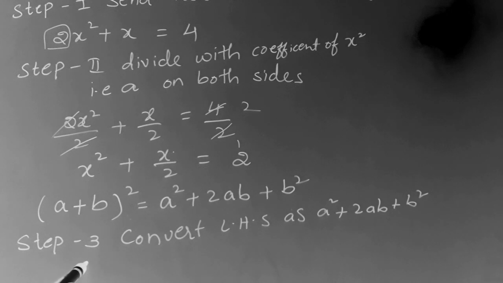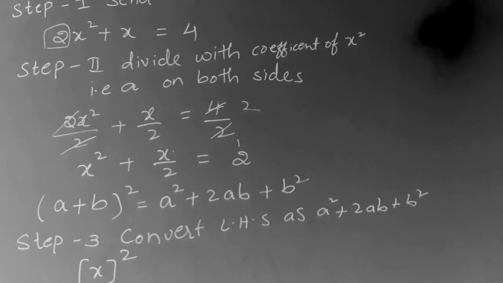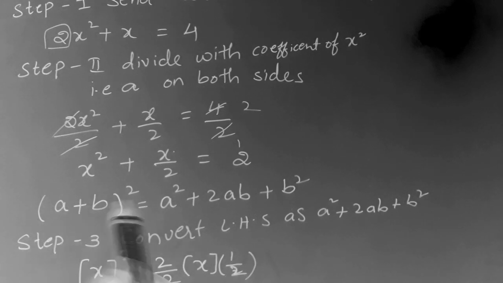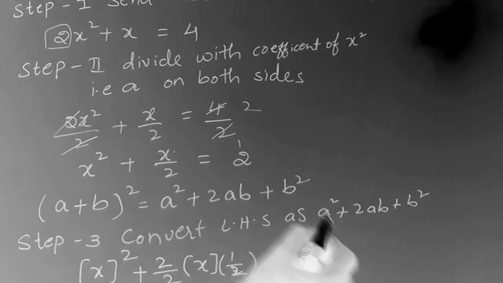So here x square, first is a square, so I am writing x as a, x square. Second is 2ab. So here 2 is not there, so multiply and divide with 2. a is nothing but x. Here b we don't know. So here 1 by 2. x by 2 I am writing as x into 1 by 2 is equal to 2 on the right side.